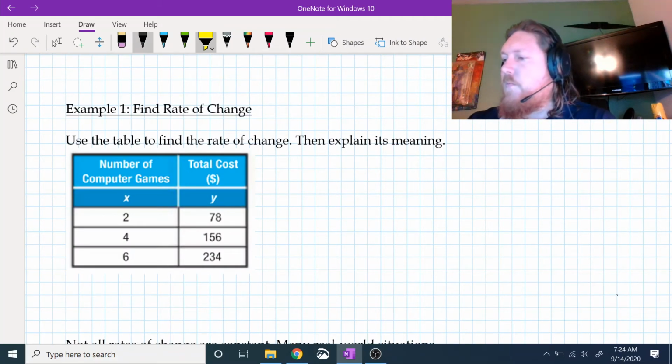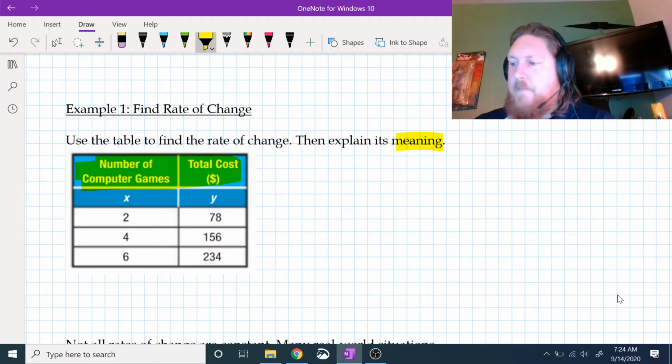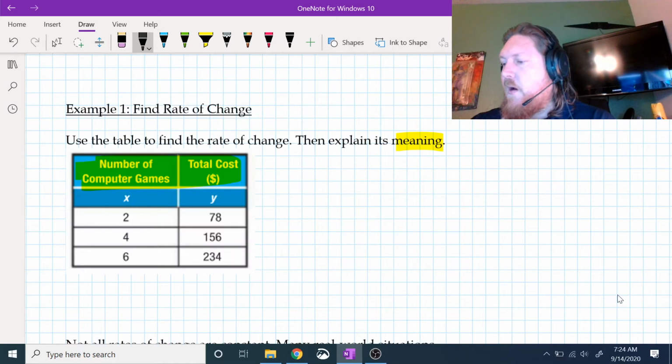So in example 1 here, we're going to find the rate of change and explain its meaning. The meaning, of course, is going to come from what the columns represent. But to do the calculation, it's pretty simple. I take the y coordinate, let's take 156, and subtract another y coordinate from it, 78.